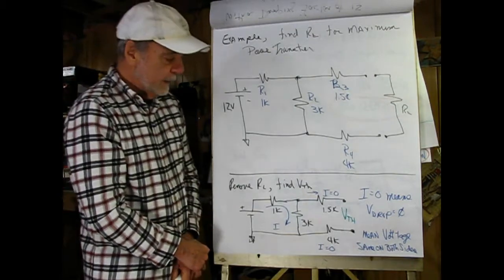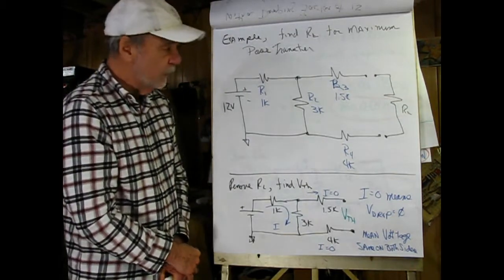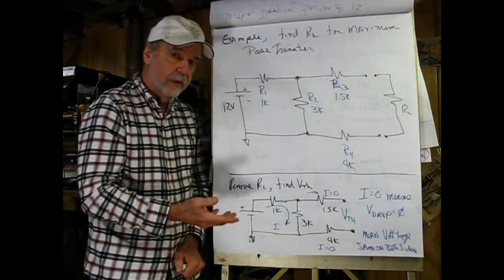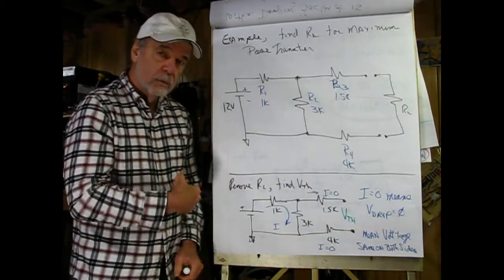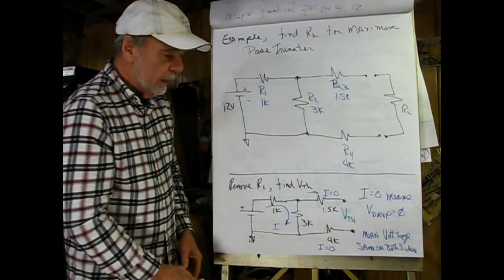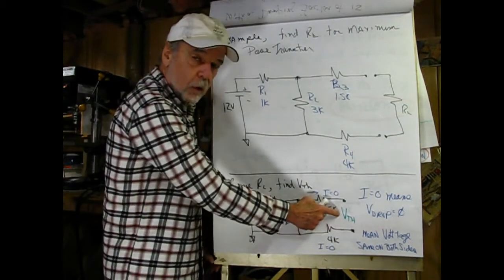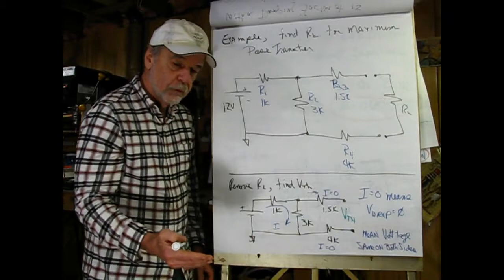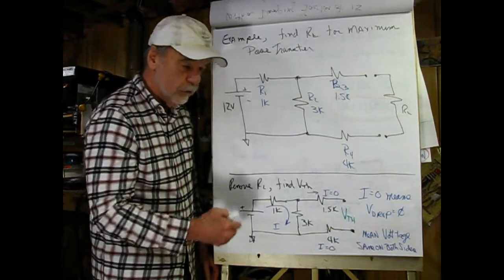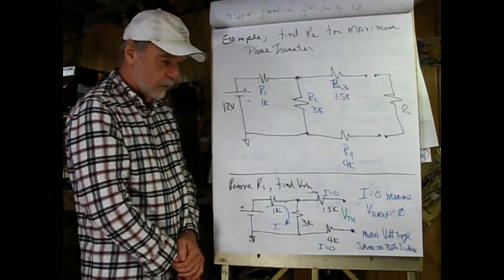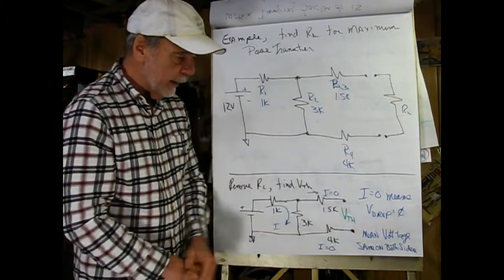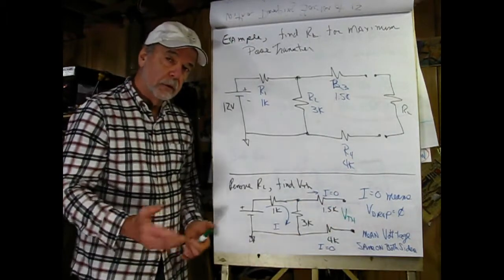So to do that, and this is just a little review of Thevenin, and obviously you'd have to have studied Thevenin to be able to do maximum power transfer for this example, we remove the load resistor, and what we want to do is find the open circuit voltage, sometimes referred to as V sub OC, also called V-Thevenin voltage.